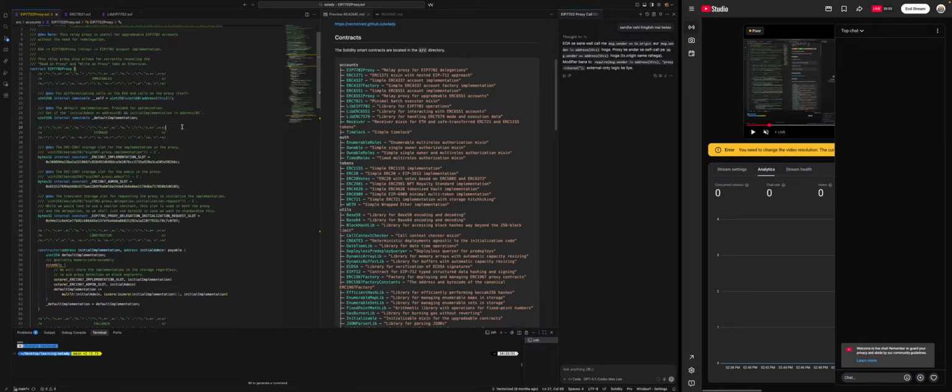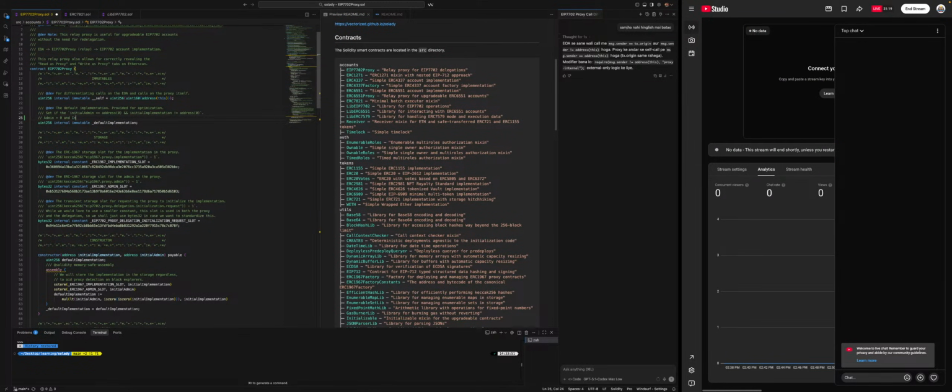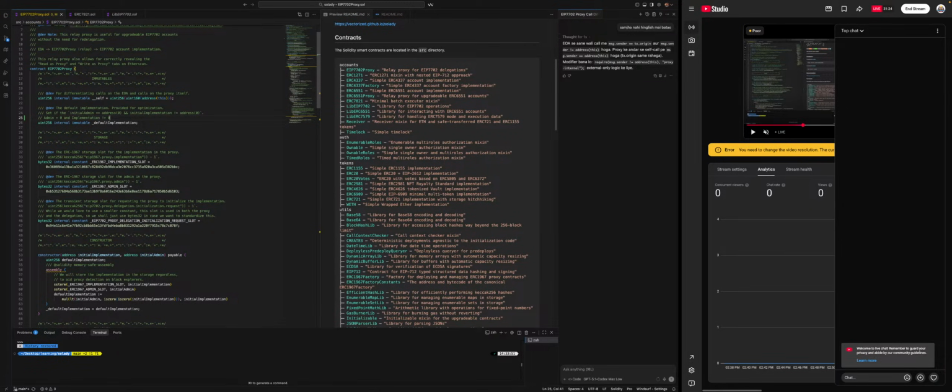So if the initial admin is equal to address 0 and the initial implementation is not 0, then we will set the default implementation.